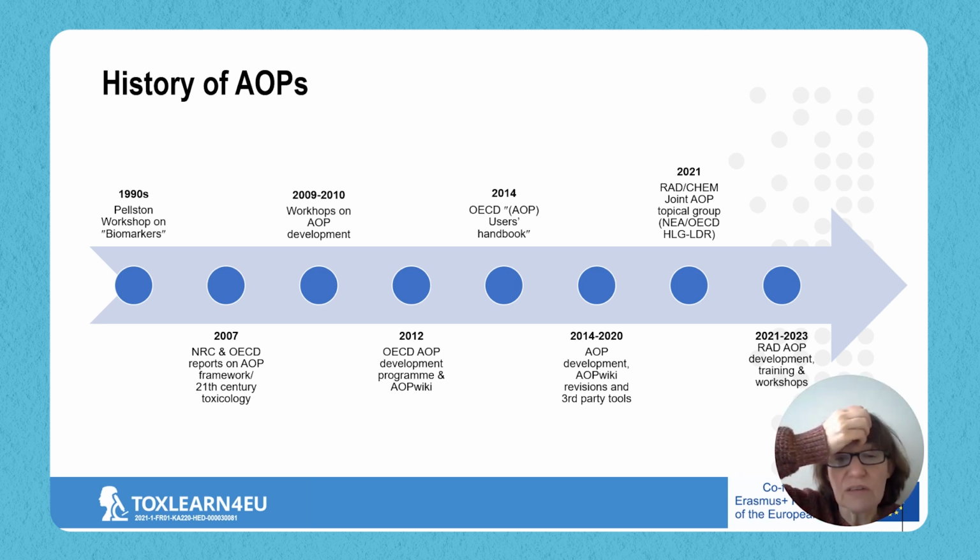It's 10 years ago, in 2014, that the first edition of the OECD Users' Handbook became available. Now it's already the third or fourth edition, and you can find this one at the AOP Wiki.